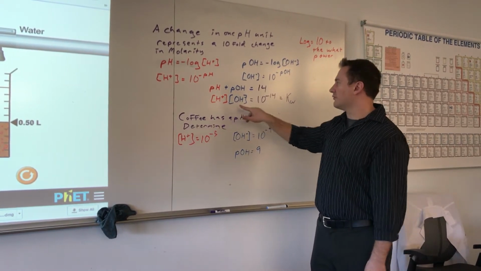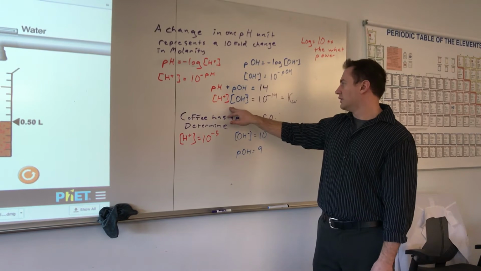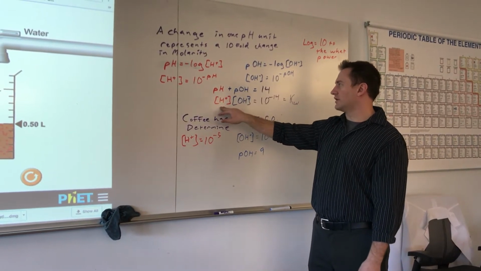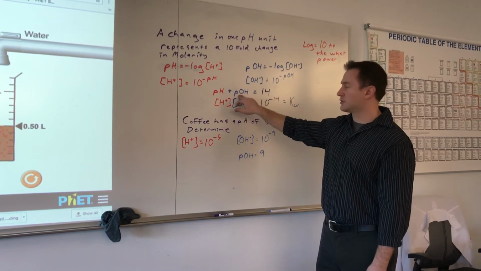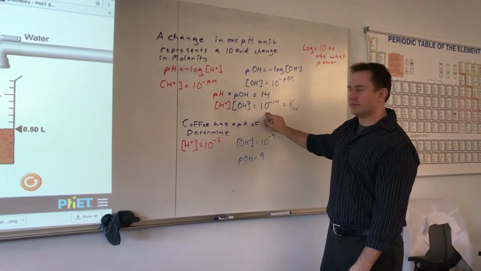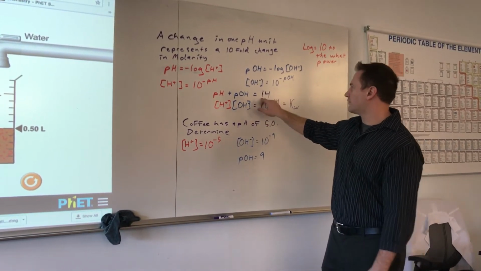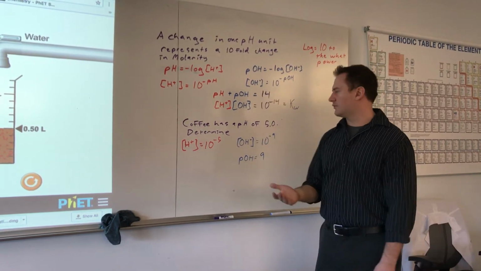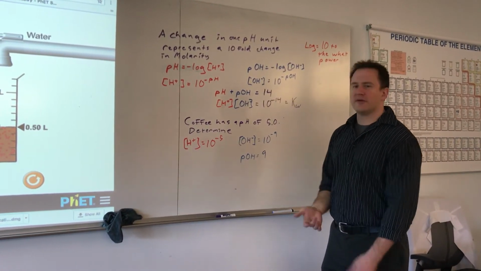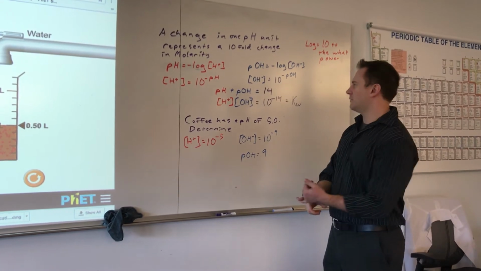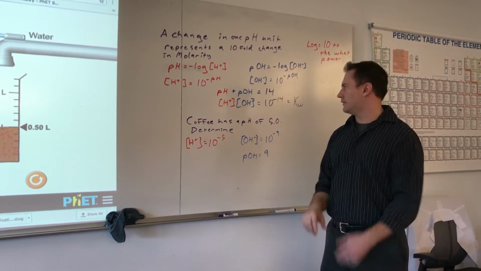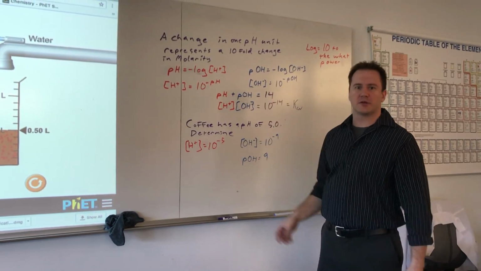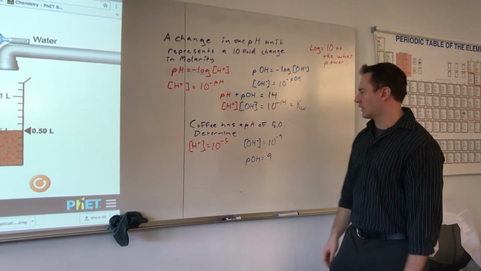If you take the negative log of each of those components, you end up with negative log of H plus is pH, negative log of hydroxide is pOH, and then negative log of 10 to the negative 14 is 14. So a very easy way to do a calculation is to say, okay, if I know the pOH, say the pOH is 6, then that means our pH would have to be 8. And then we could use the equations to convert to anything else that we're looking for.